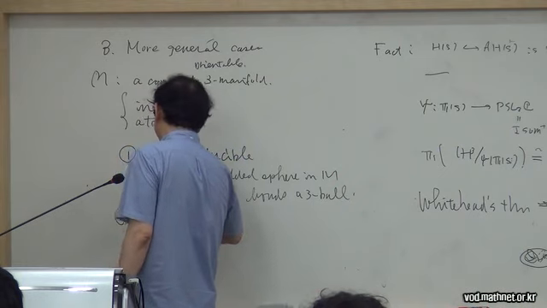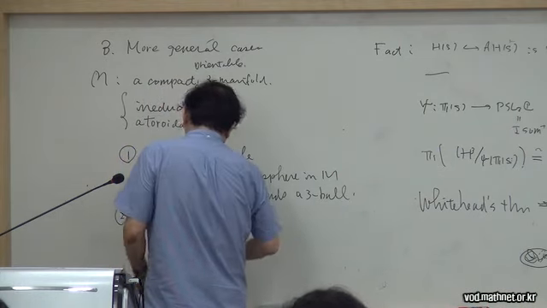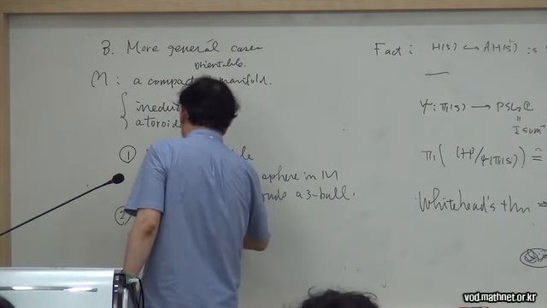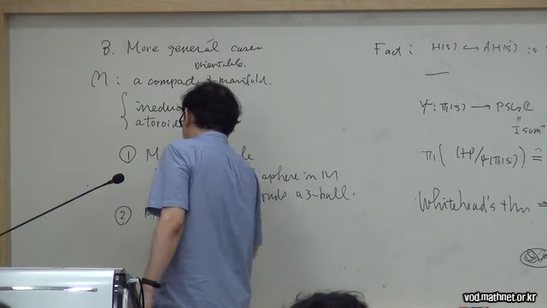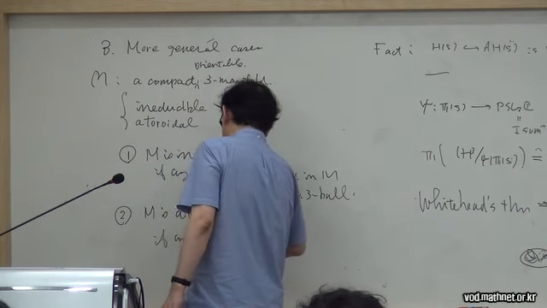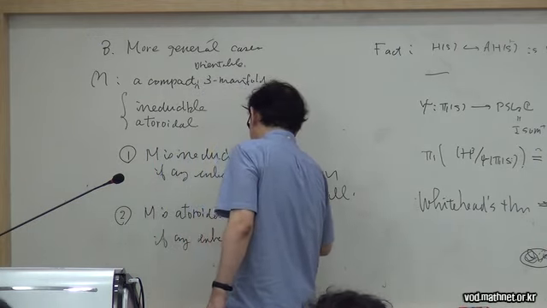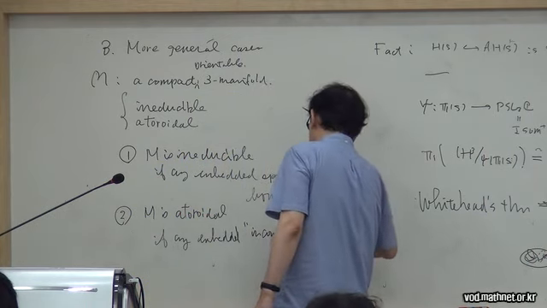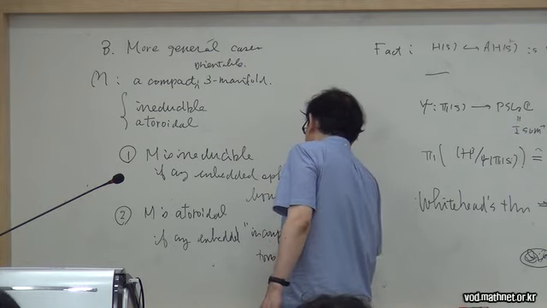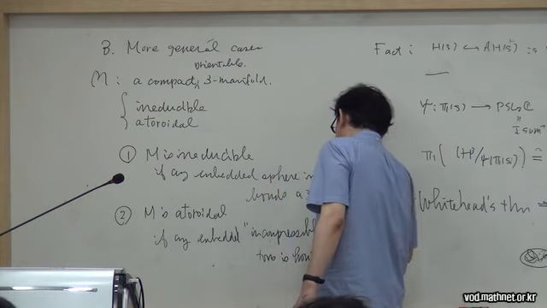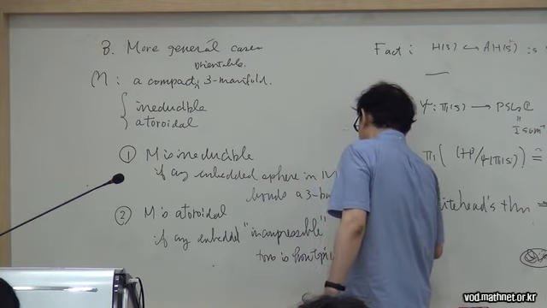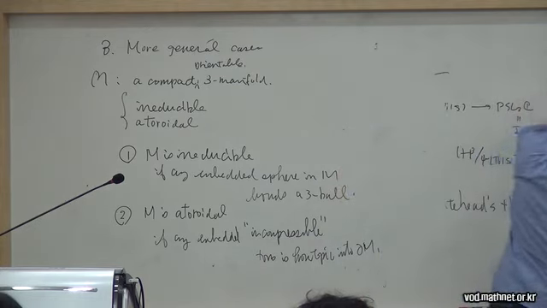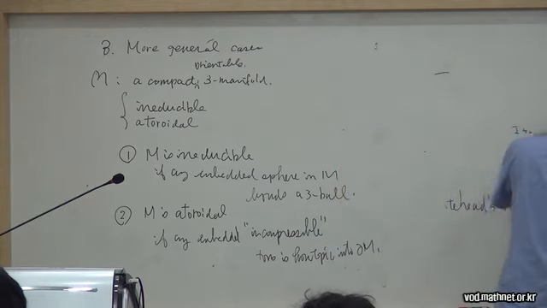That's the first assumption, and the second assumption is that M is atoroidal if any embedded incompressible torus is homotopic into the boundary of M. I haven't defined this term, but a surface is said to be incompressible as follows.